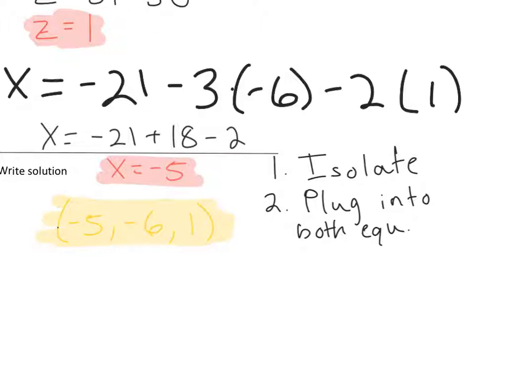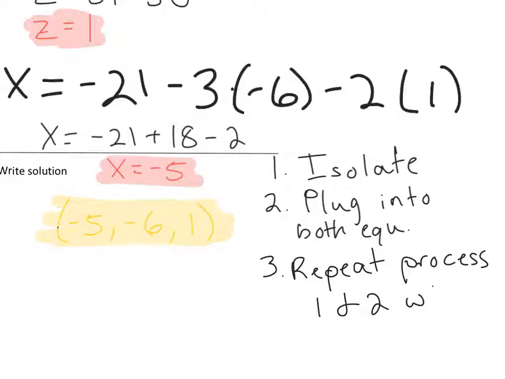You're then going to isolate again, but with the 2 variable system. So step 3, you could say repeat process 1 and 2 with the 2 variable system.